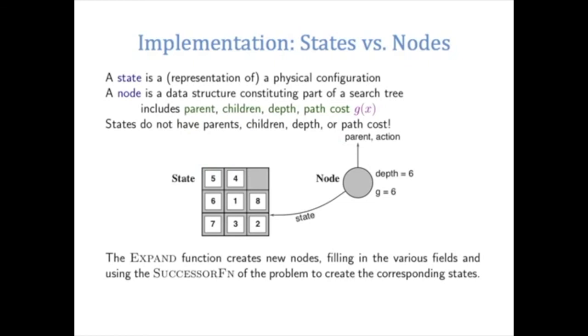I want to make the point that when we're implementing, states are the abstraction, and nodes are what we're going to implement to represent that abstraction. So a state is a representation of some kind of thing in the real world, like we're at Arad, or there's a particular sequence of tiles in the 8 puzzle.